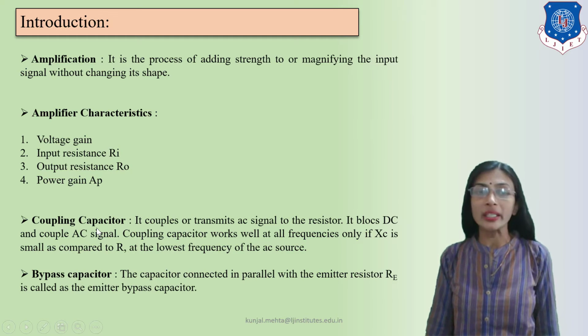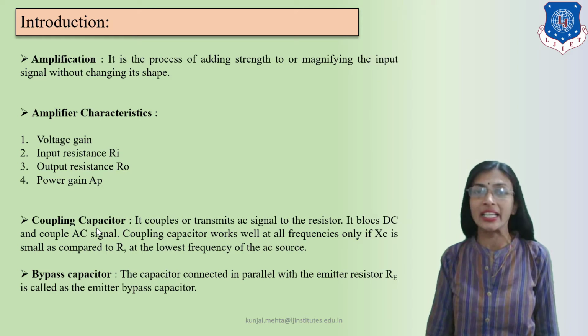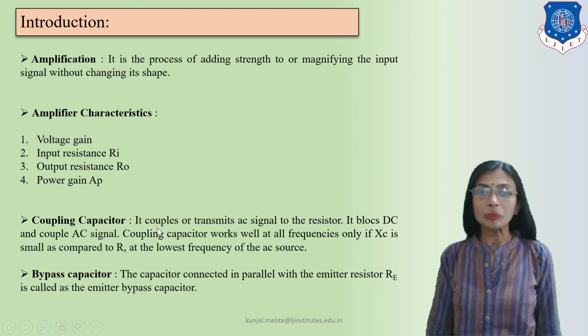Other two most important components which are used for drawing the AC circuit and AC analysis are the coupling capacitor and the bypass capacitor. The coupling capacitor couples or transmits the AC signal to the resistor.